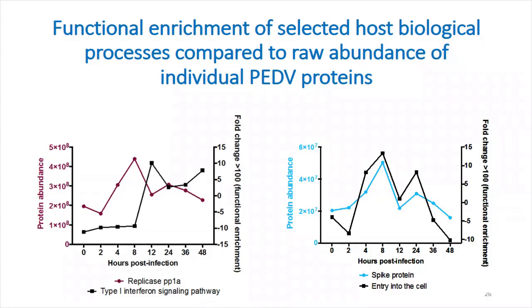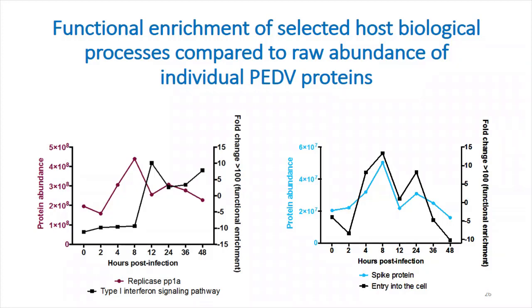I will just give you 2 examples, but I already have dozens of these graphs for each viral protein. In this case, you can see that we are showing 2 graphs. The graph for PEDV replicase, PP1A, and type 1 interferon signaling pathway proteins.